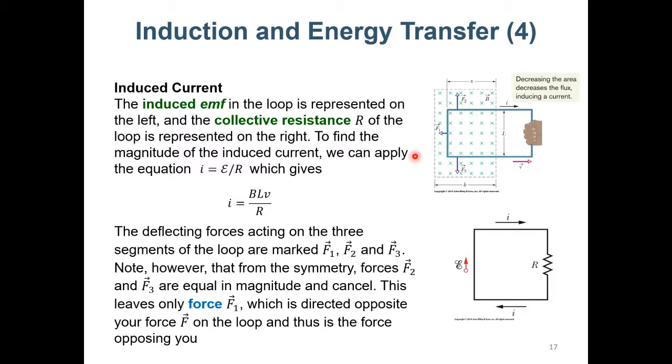Okay. So before that, how do we determine the current is going clockwise? Actually, suppose we are pulling the loop to the right, the magnetic flux going across this loop is decreasing.